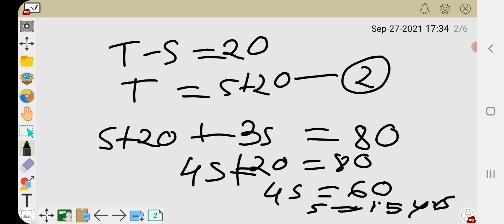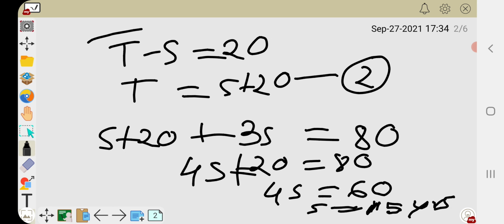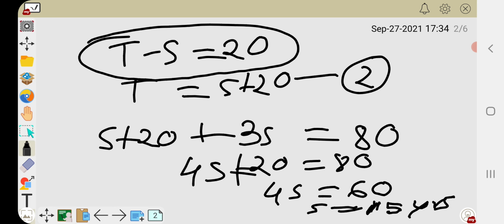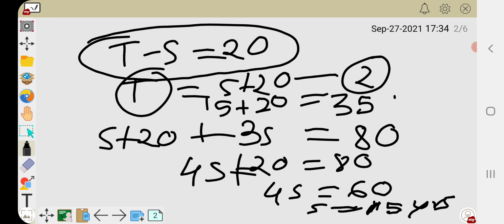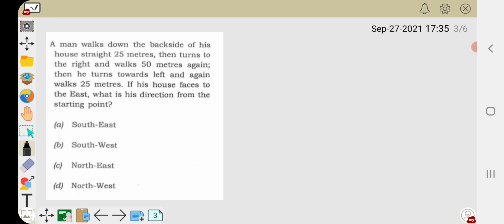So every student is having age 15 years. Now to find teacher's age, as teacher's age minus student's age is 20 years, so teacher's age will become 15 plus 20, that is 35 years. Option C is right answer.